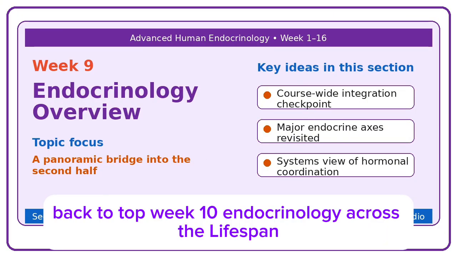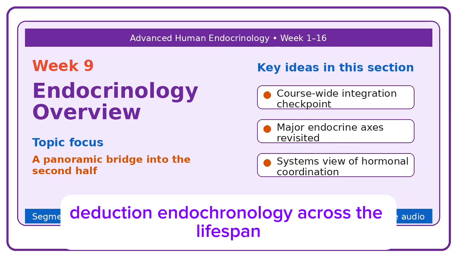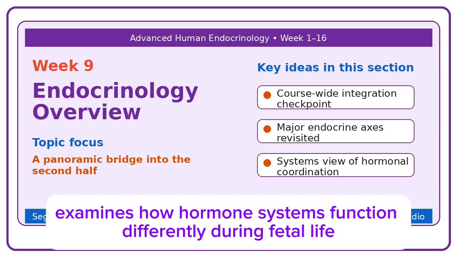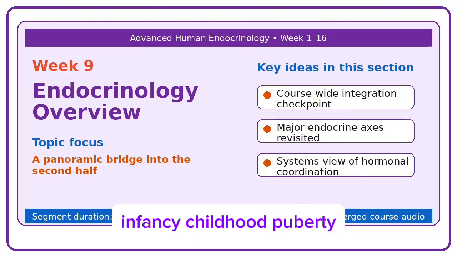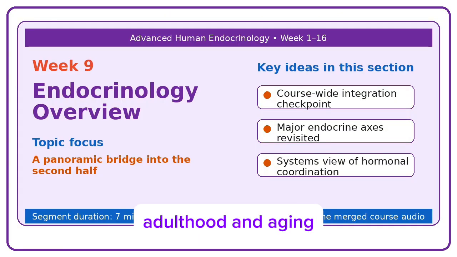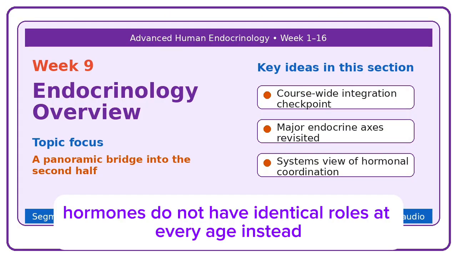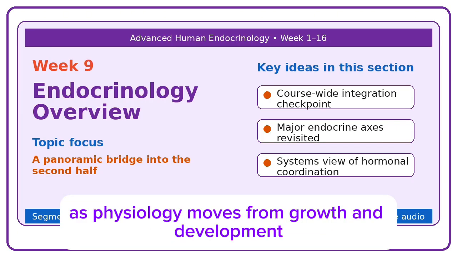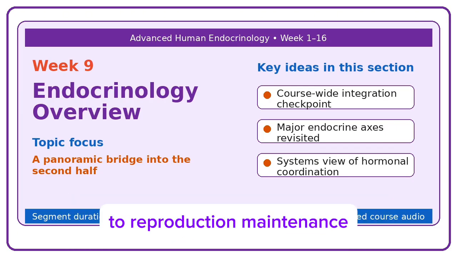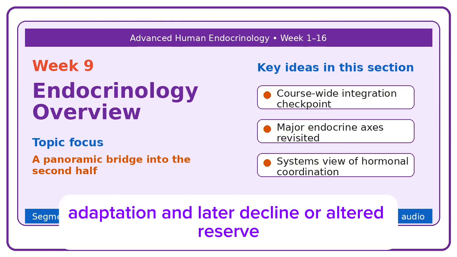Back to top. Week 10, Endocrinology across the lifespan introduction. Endocrinology across the lifespan examines how hormone systems function differently during fetal life, infancy, childhood, puberty, adulthood, and aging. Hormones do not have identical roles at every age. Instead, endocrine priorities shift as physiology moves from growth and development to reproduction, maintenance, adaptation, and later decline or altered reserve.